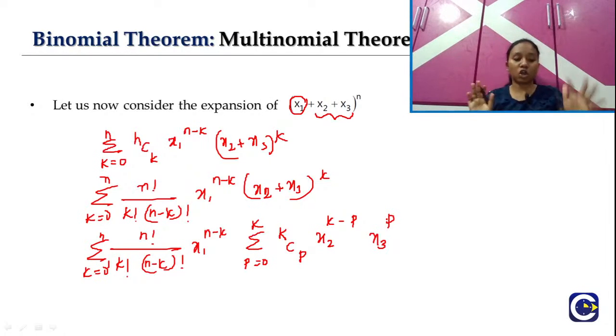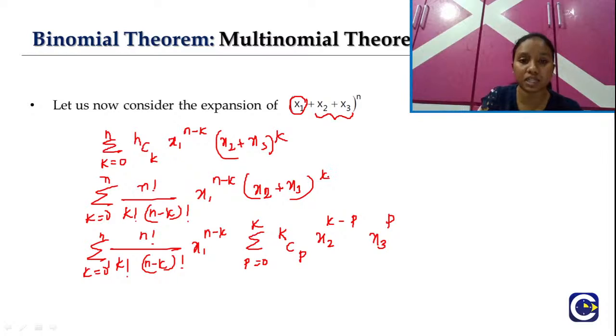The concept here is that initially we had only two terms in the expansion. Now, as we have three terms, I am trying to expand this into three different terms.